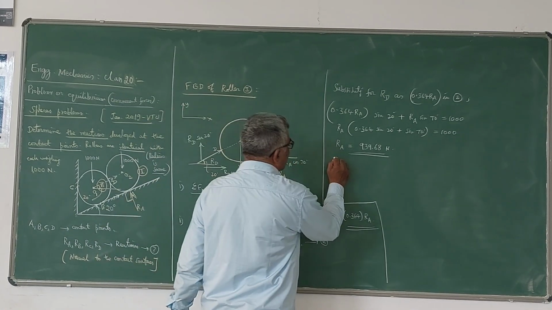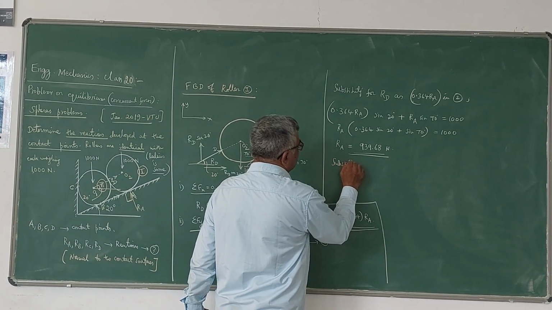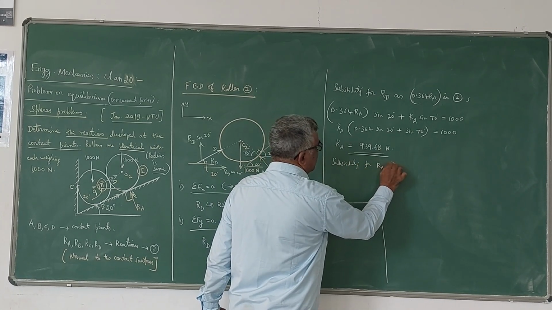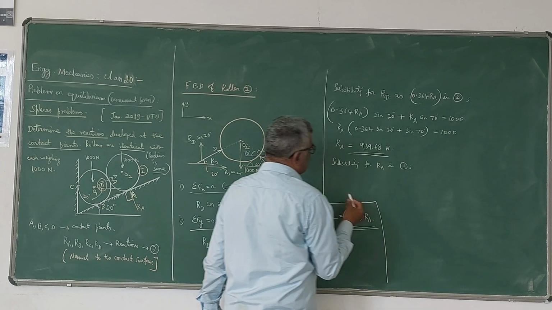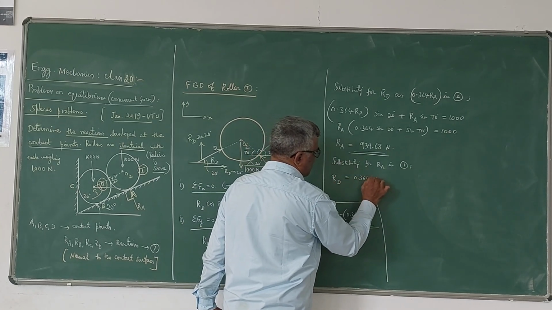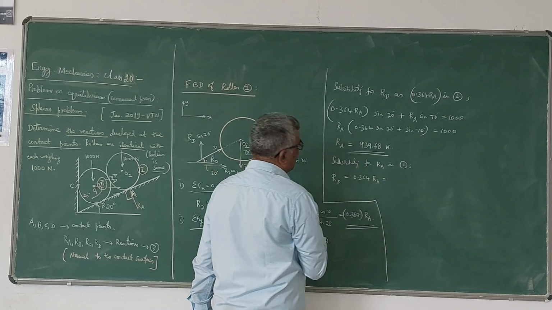Now substituting for RA in equation 1, that is RD is equal to 0.364 times RA. You can get the value of RD now.